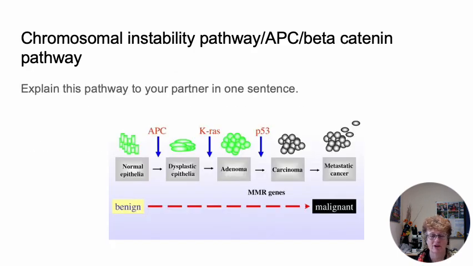Okay, let's carry on. So we've learned about the APC pathway. This is the pathway that 70% of carcinomas develop from. There is an initiating mutation, the APC mutation, which causes dysplasia in polyps, and then further mutations such as KRAS and P53 lead to progression through adenoma and carcinoma, and then eventually metastatic cancer.